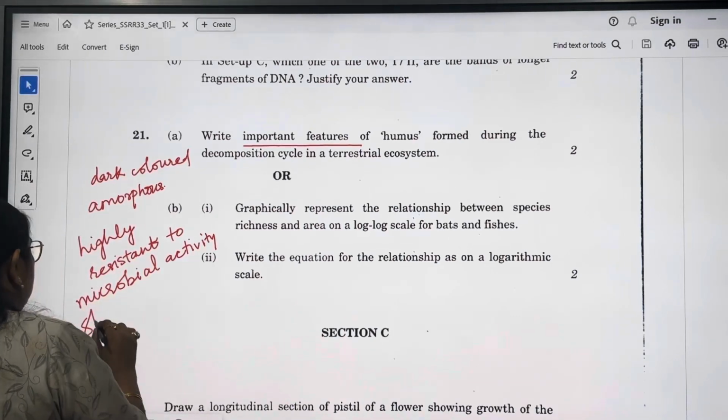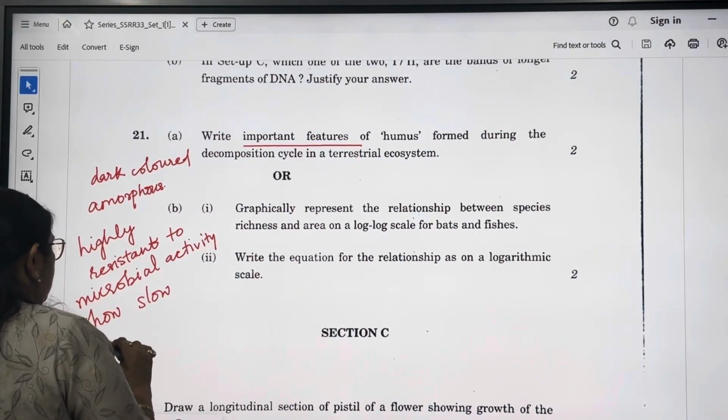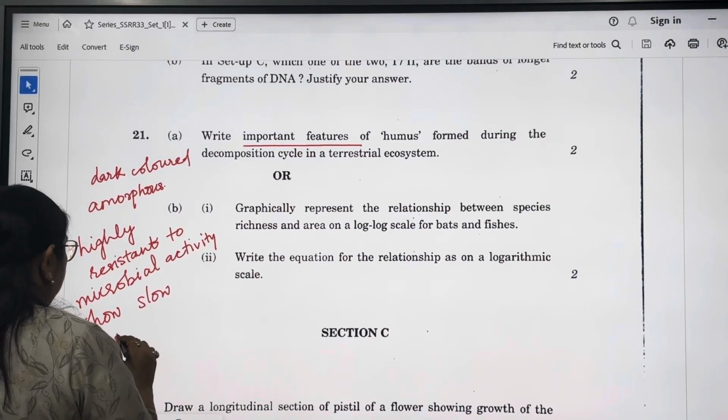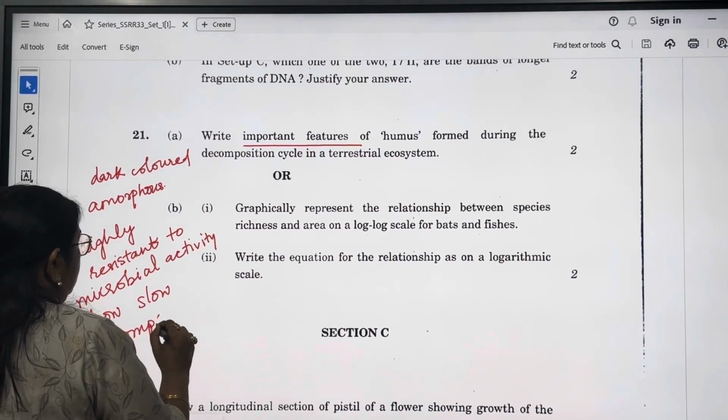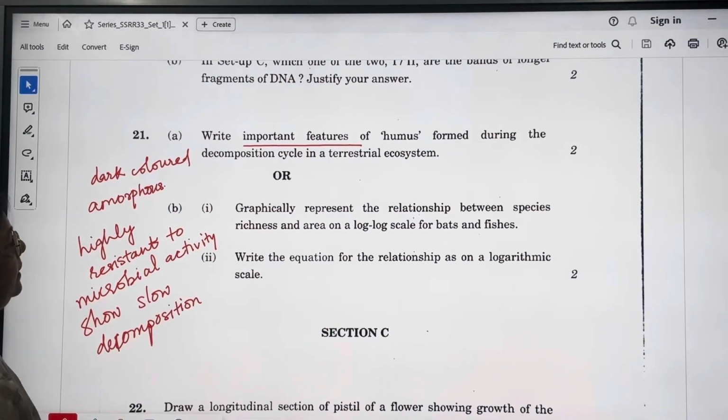Show very slow decomposition rate. Next is internal choices there.